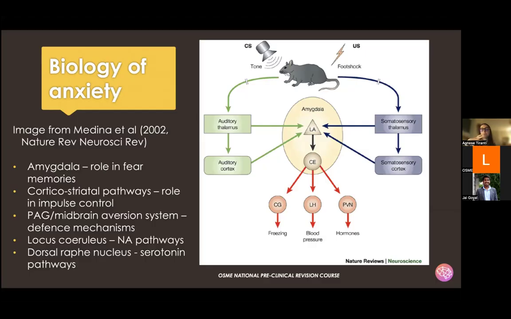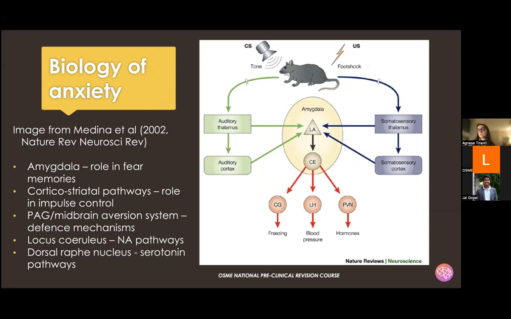So its role in anxiety is probably that of remembering something that caused you fear. Then corticostriatal pathways, which are thought to be involved in controlling your impulses. The periaqueductal gray and the midbrain aversion systems, which are probably concerned with defending yourself.